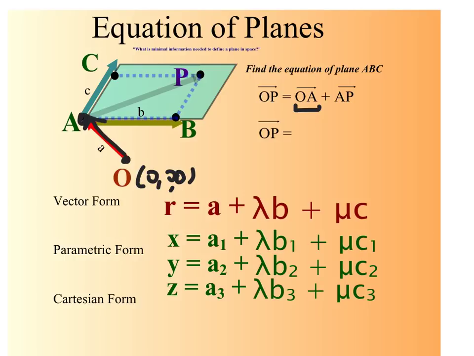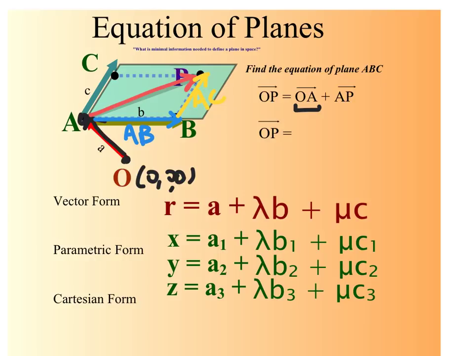And then I can create this vector AP here by taking vector AB and adding to it the equivalent of vector AC. So this vector right here, AC, gets translated over.